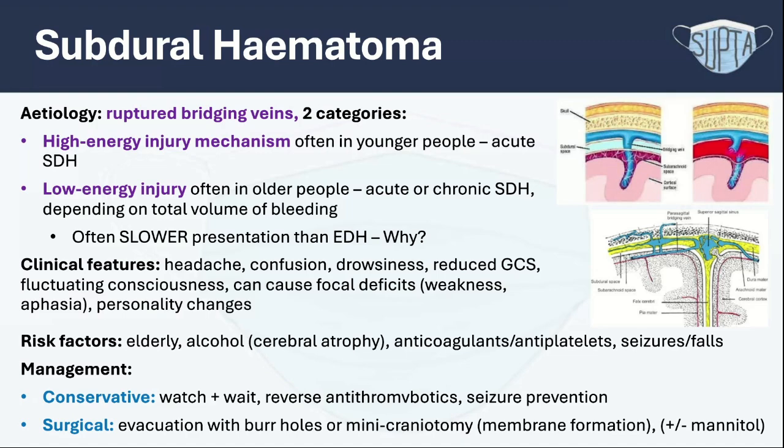Anticoagulants and antiplatelets, because they increase the bleeding risk and the chance of expansion, and also seizures, recurrent falls, coagulopathy such as liver disease, and previous subdural hemorrhage. That's why it's also often important, after you solve these problems, to consider an orthogeriatric assessment, if they're considered under geriatrics. Now management depends on how big the bleed is and how symptomatic the patient is.